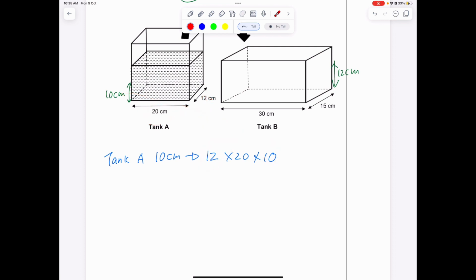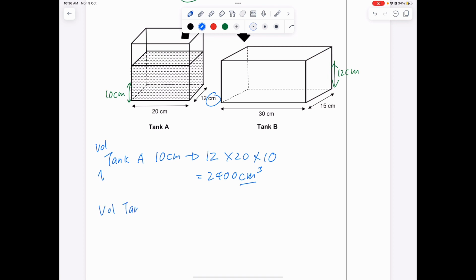Length times breadth times height. So when that happens, I will get 2400. Okay, now this is in cm cube. Be very careful. So I suggest you put a volume here and you write down the unit, because when it comes to this kind of thing, if you're unclear, you're going to be in trouble.